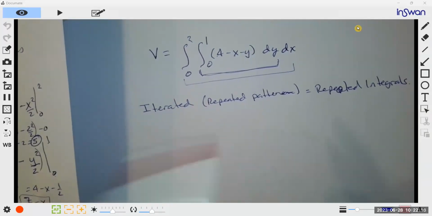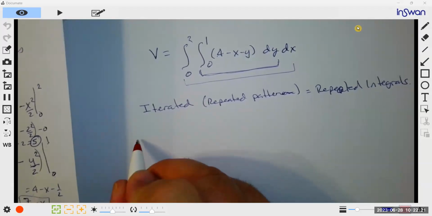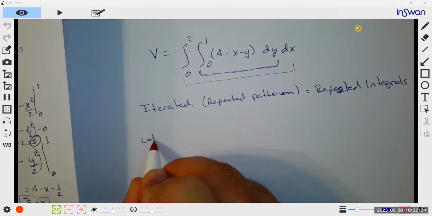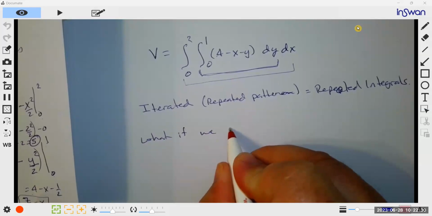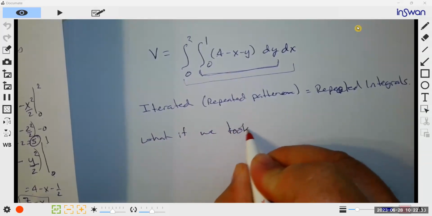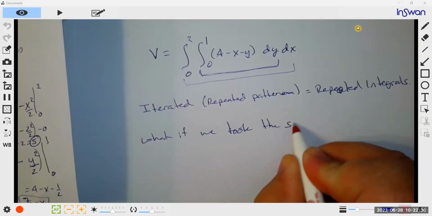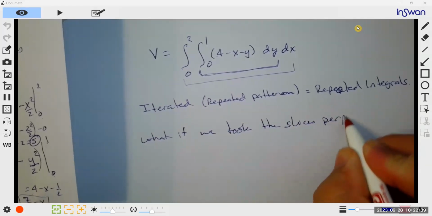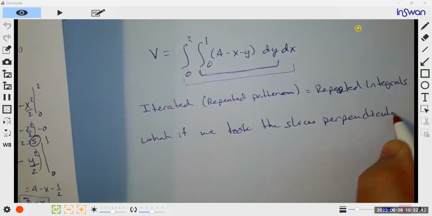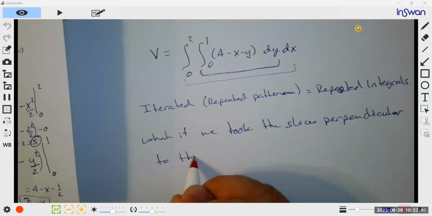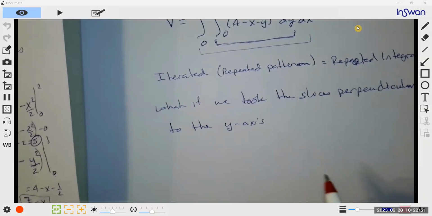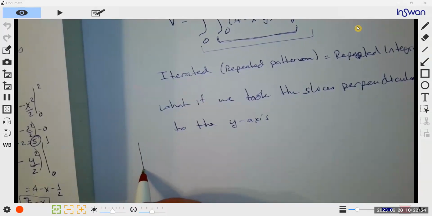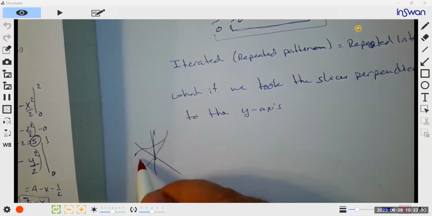So let's look at what happens if we reverse the process. What if we took the slices perpendicular to the y-axis? In other words, with our graph being the same, we have our curve.